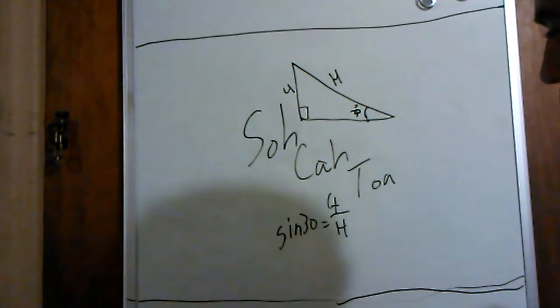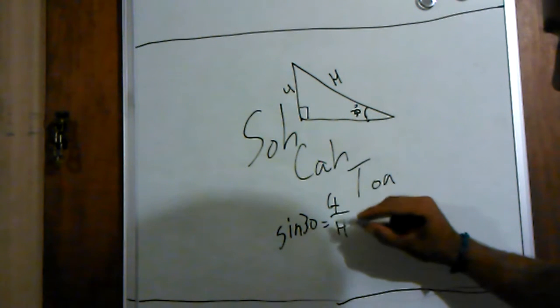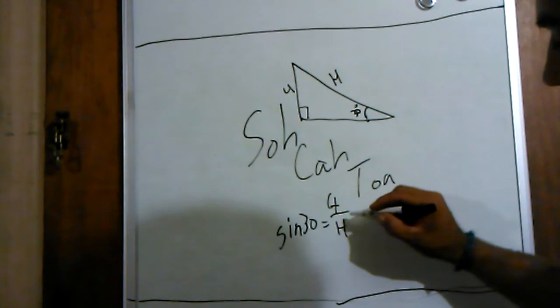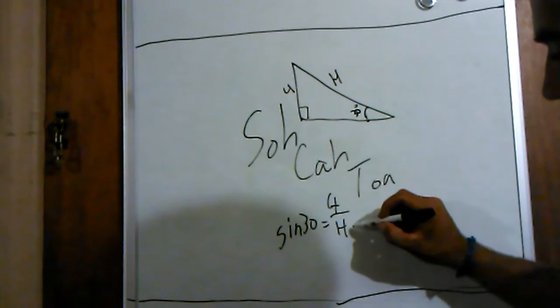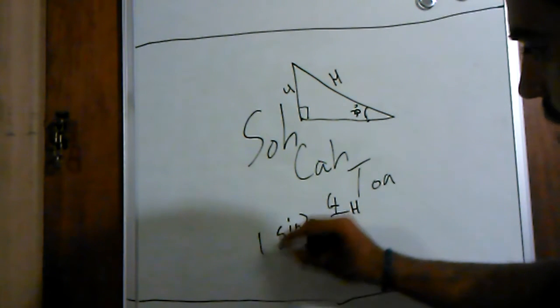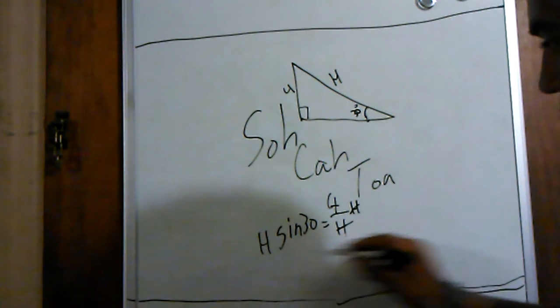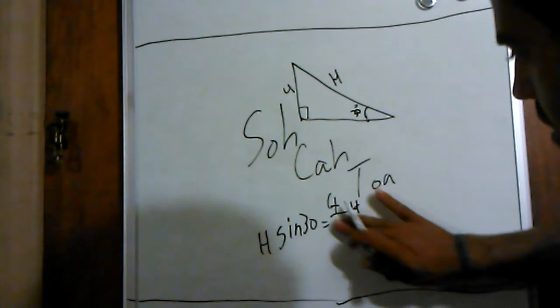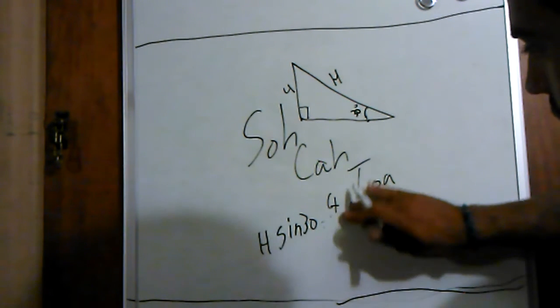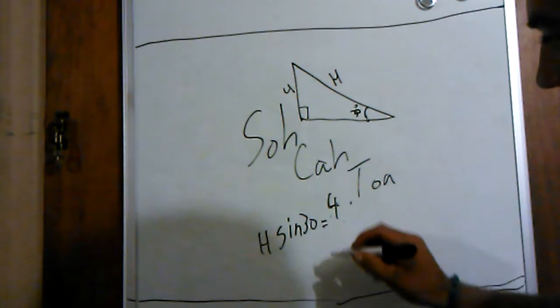So what we're going to do is use algebra to get the h by itself. We multiply this side by h and this side by h. These h's cancel, and you get h sine 30. Now you have 4 equals h times the sine of 30.